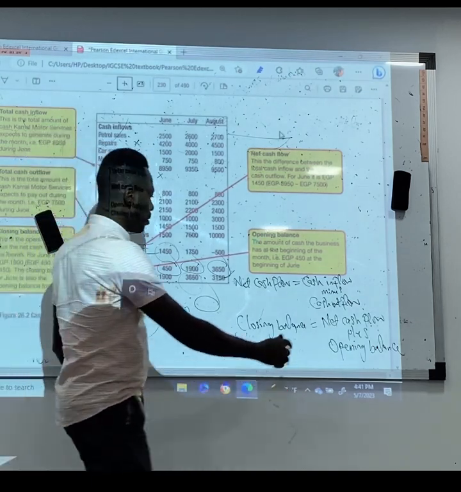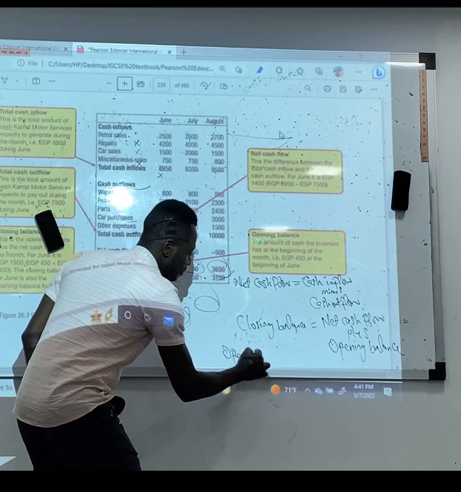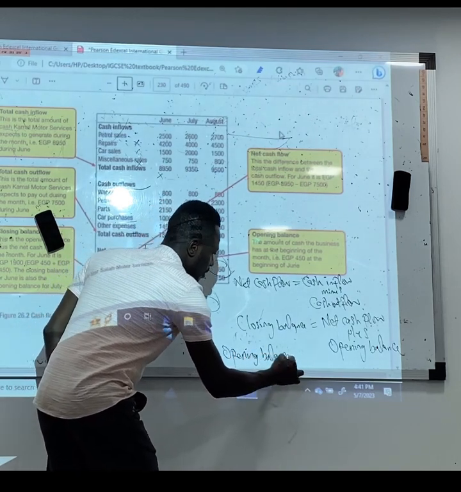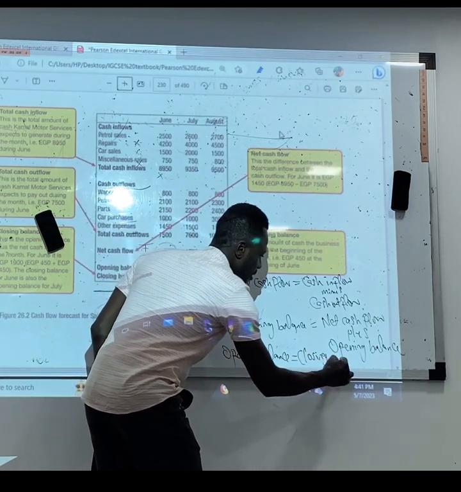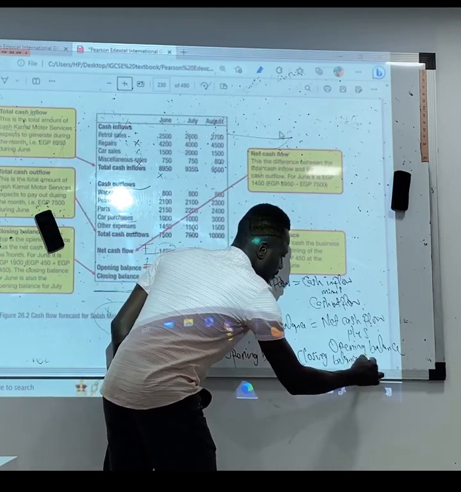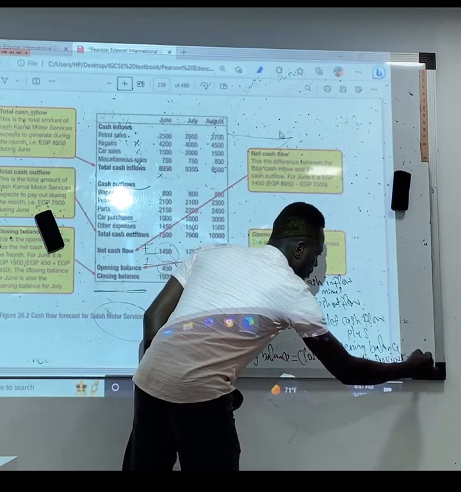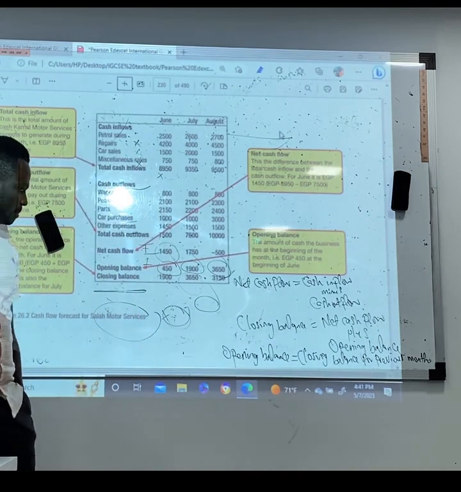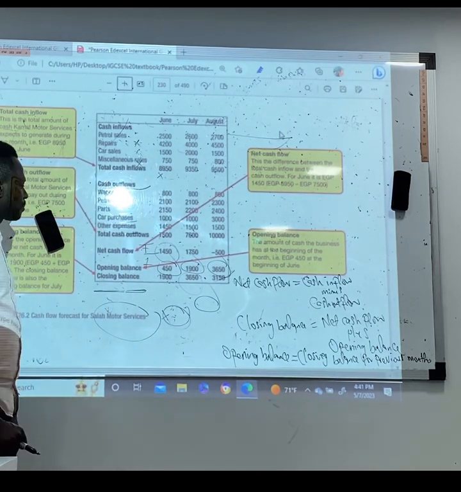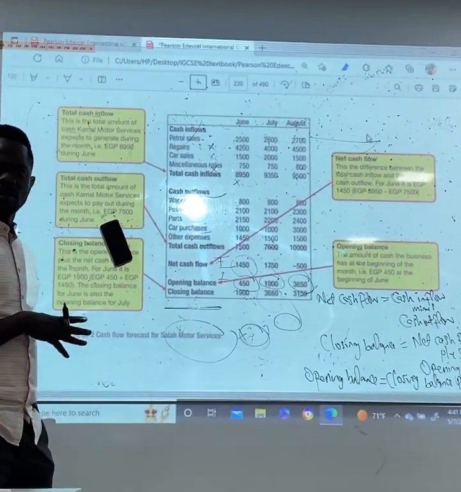So, opening balance is closing balance for the previous month. Is it clear? Yes. Any questions about this? No.